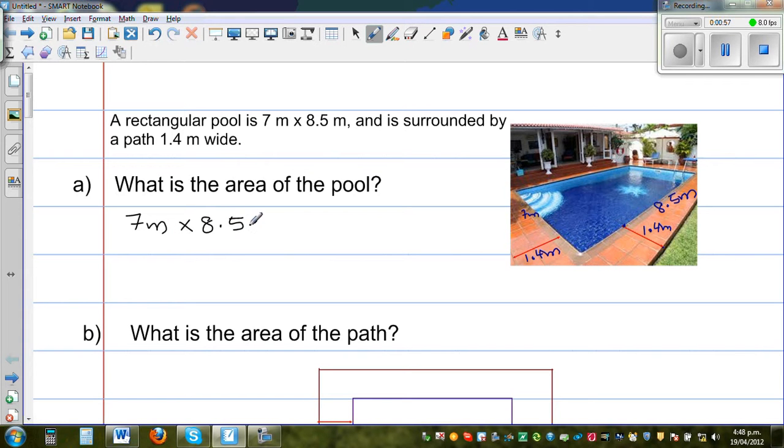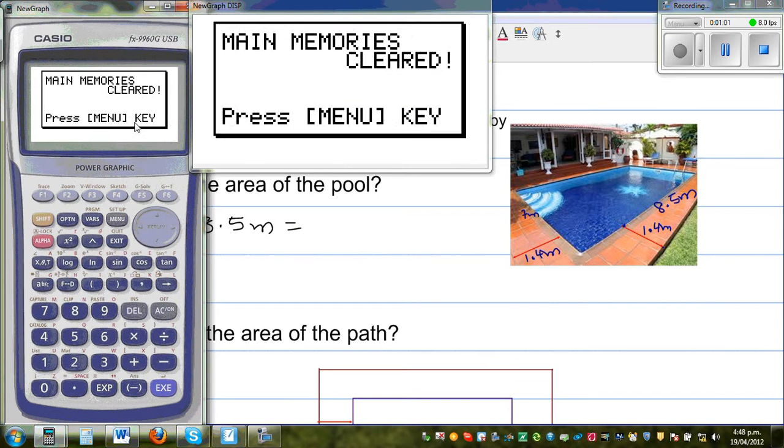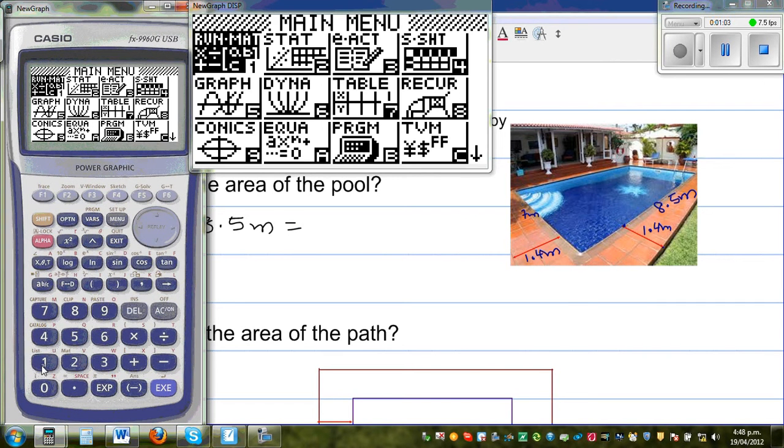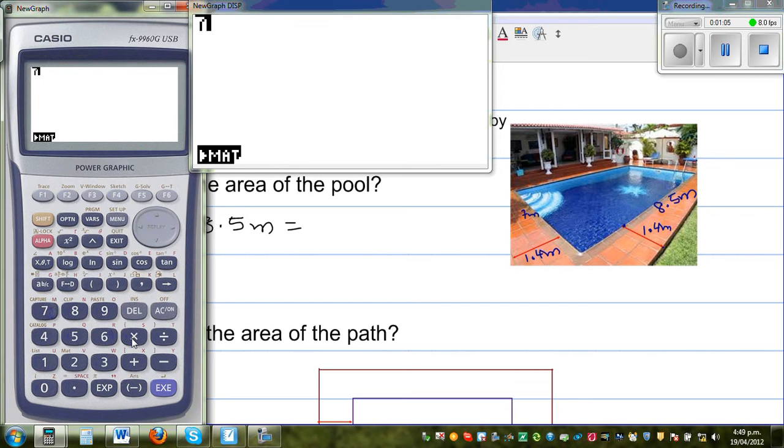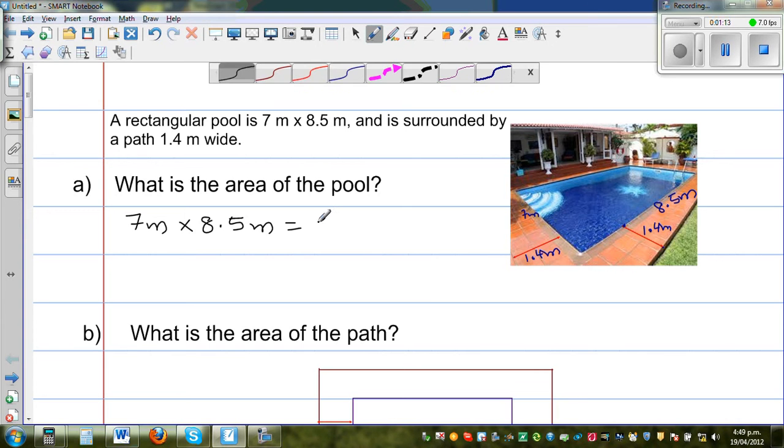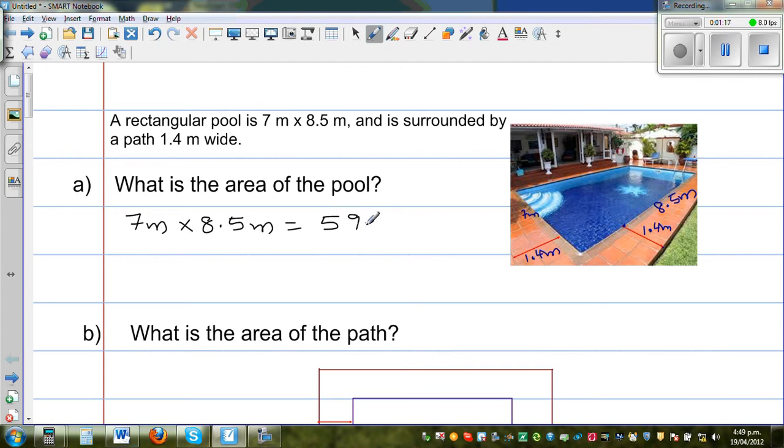So you can do this with or without the calculator, but I will use the calculator. The focus is not calculation. So this is 7 times 8.5, which is 59.5 meters squared. So the unit is very important. Whenever I do any example of measurement, I always write the unit at each step.